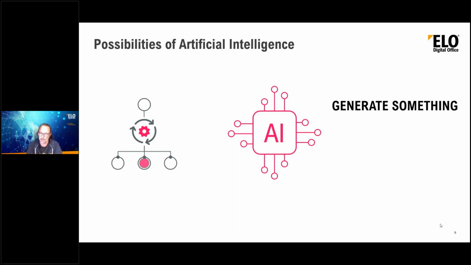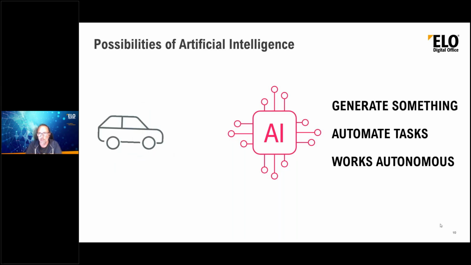It helps you to make decisions because it can analyze existing data much better and much faster than you. It makes decisions based on information which is available to the artificial intelligence. Or it can work autonomously as well. So in some cases, it can do things autonomously, without someone who has to watch over it and have a look at what AI is doing.